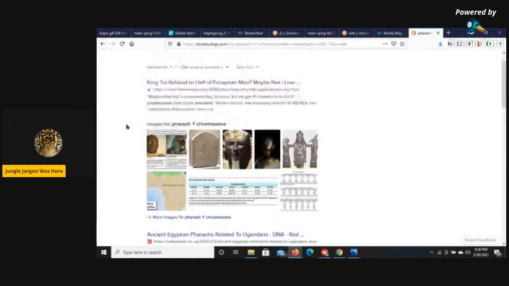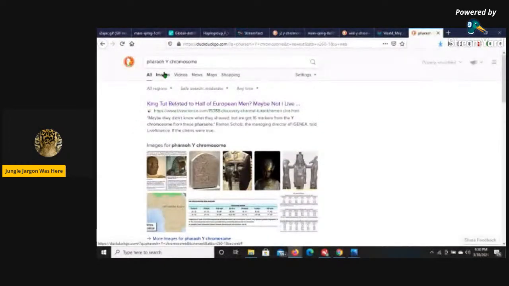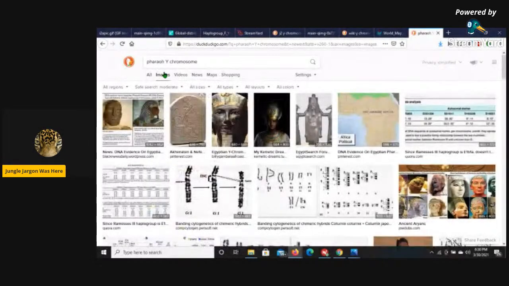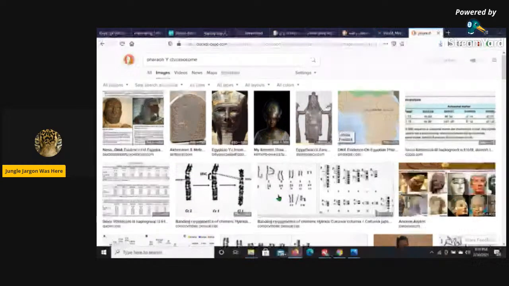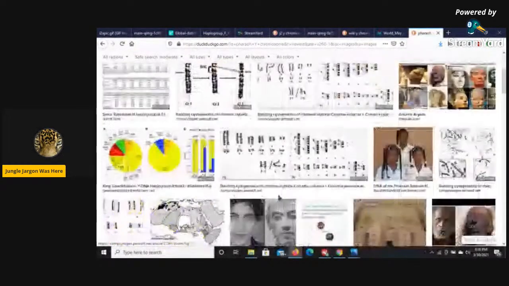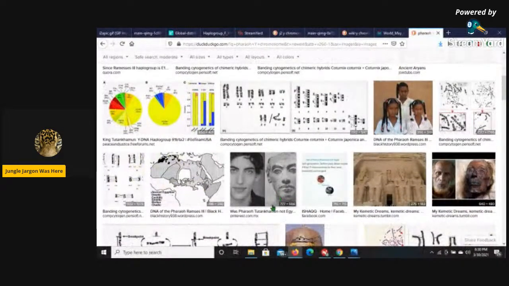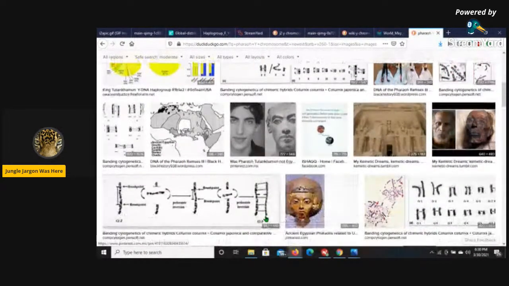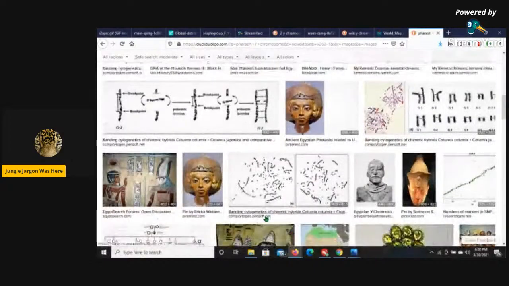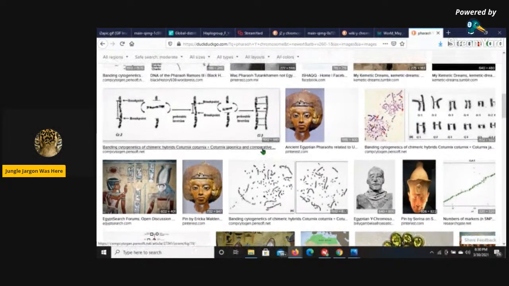See if we can have some kind of organized search here. Apparently not. So that doesn't mean that he wasn't Egyptian. It just means that he had an R1 Y chromosome. King Tut.